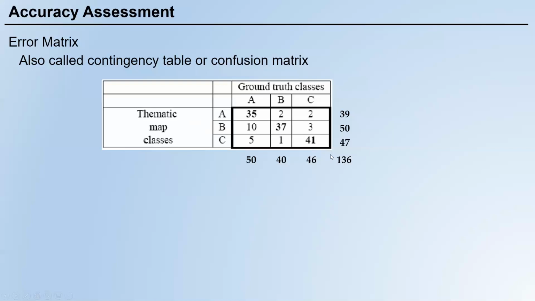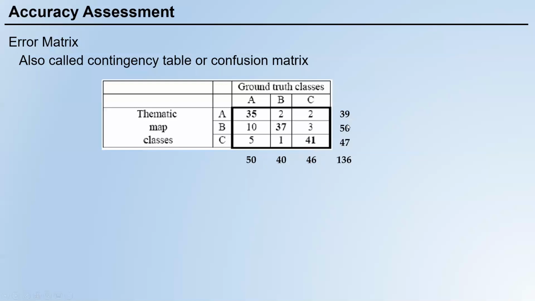So what's the meaning of this 136? It means the total number of pixels in your image. Of course, it equals the number of pixels in the real world. If you add up 50, 40, and 46, it is 136, which means that in the real world, there are 136 pixels.